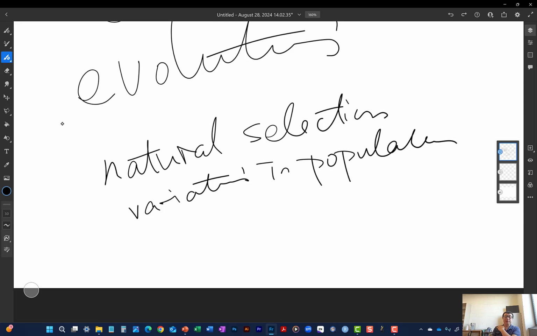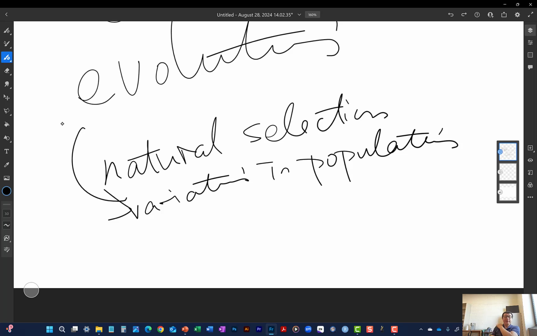And this variation has to exist before any environmental changes. And how can we get variation? Reproduction. Asexual reproduction can generate a little bit of variation through DNA mutation, but sexual reproduction constantly generates a lot of variation in the population. So that's the benefit of sexual reproduction.